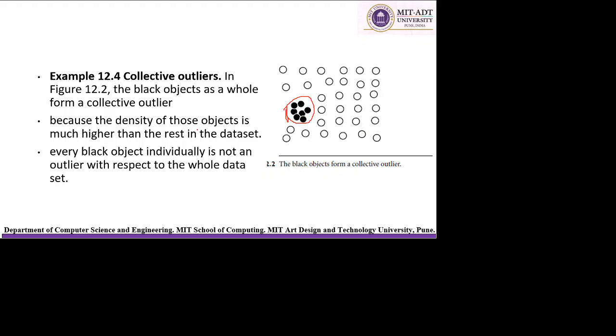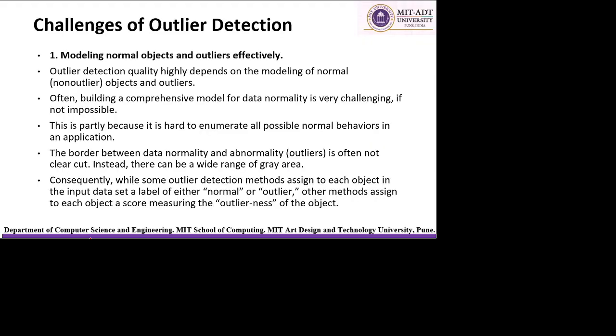So as a whole, this complete set of data objects can be considered as a collective outlier because their density is much higher than the rest of the data. Every black object individually is not an outlier, but as a group it is considered as an outlier.